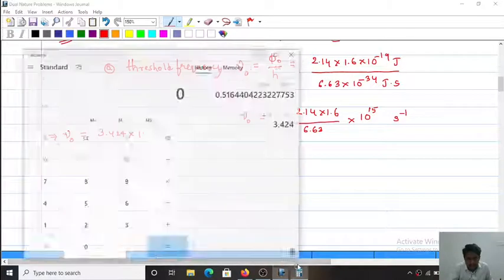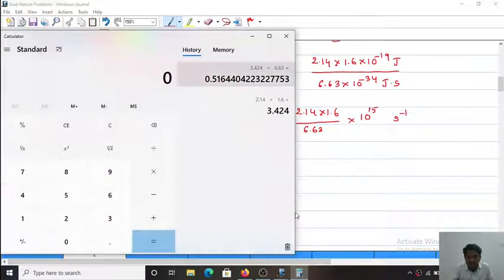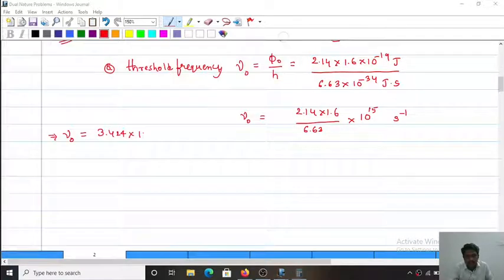So once again I will see what is happening here. 3.424 by 6.63, we get 0.516. Sorry, so this was wrong.